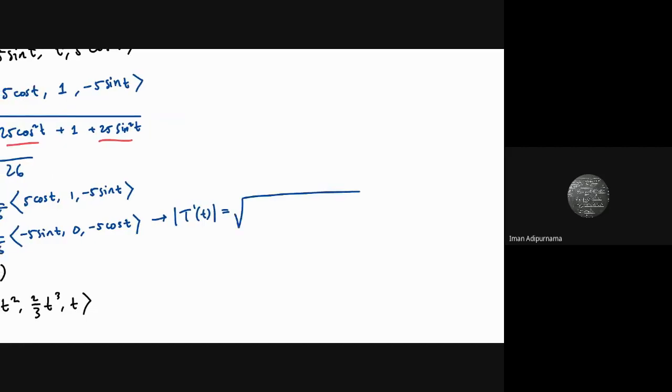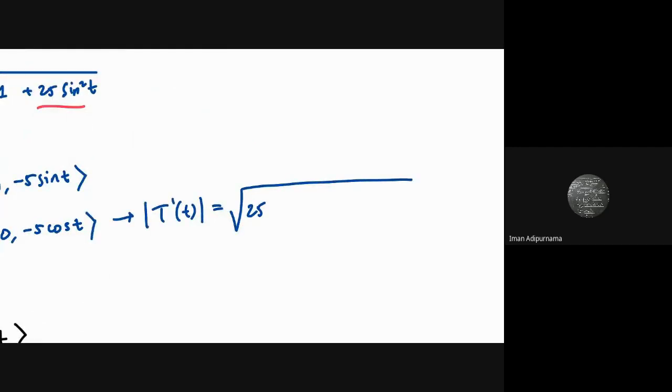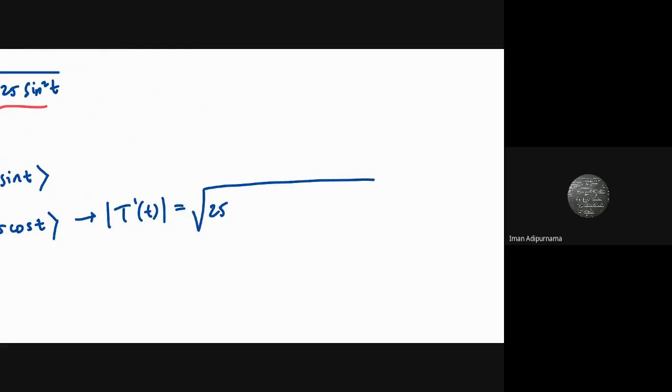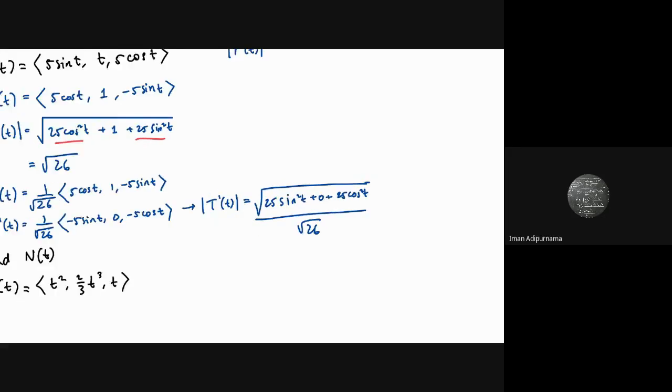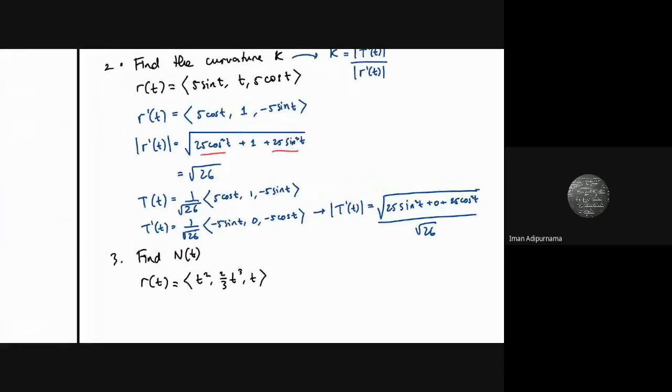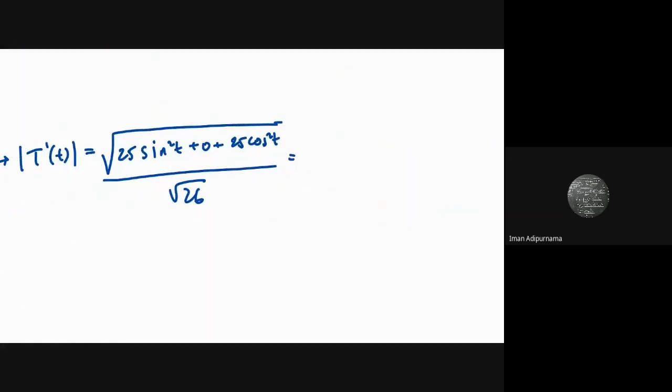This will be 25 sine squared t plus 0 plus 25 cos squared t. And it's all divided by, yeah, this square root of 26, right? Okay. So this will be 5 divided by square root of 26.